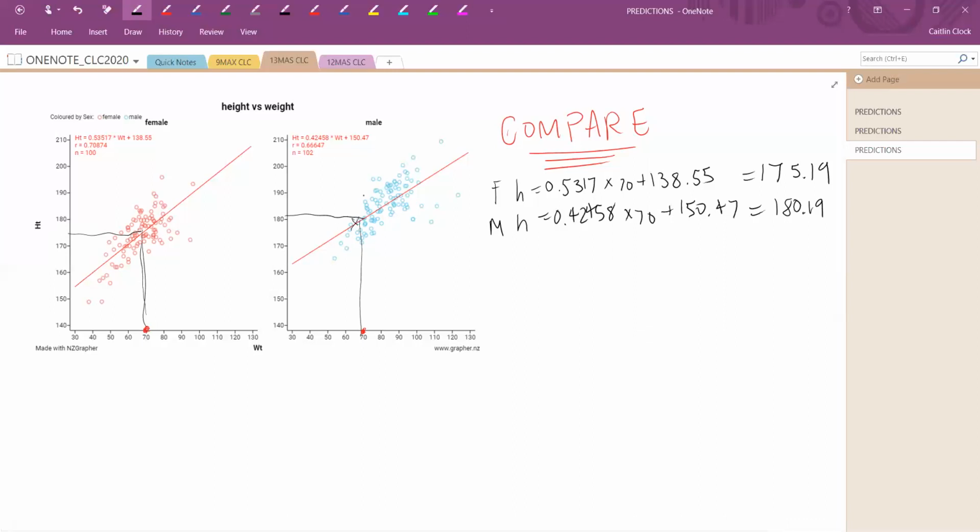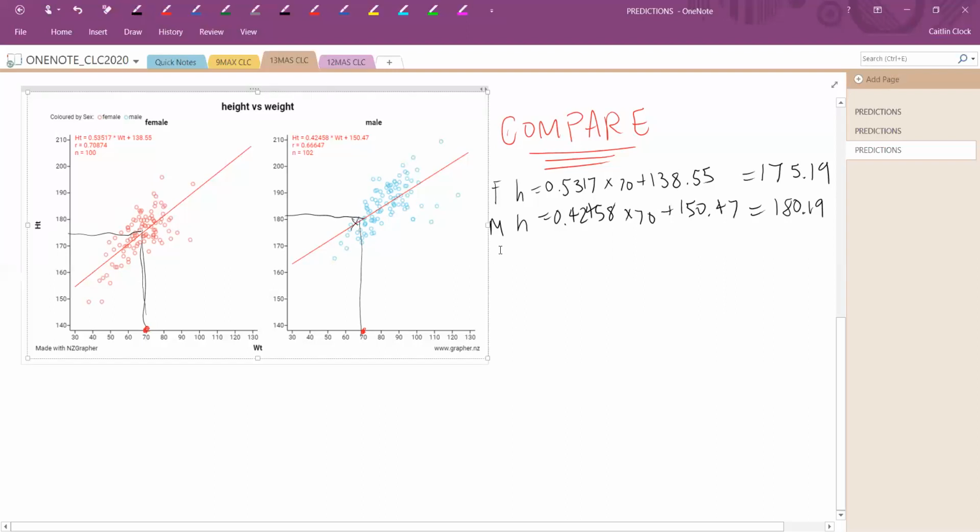So here we go. We'll just write that. I predict, or the model predicts, I'll do it that way this time.